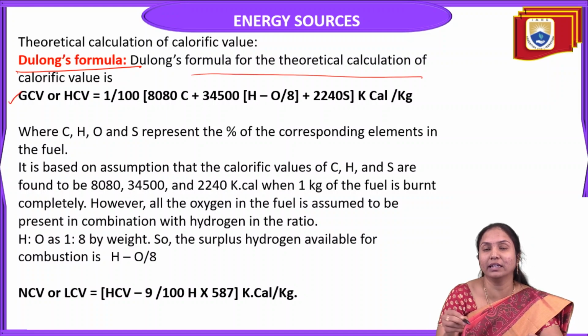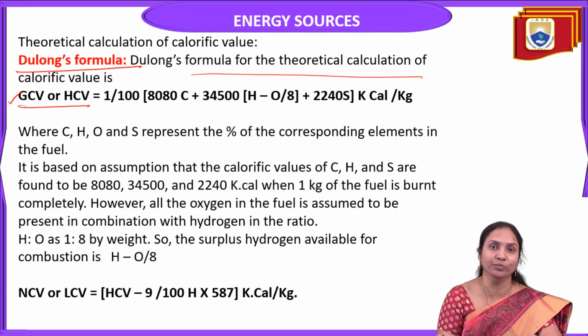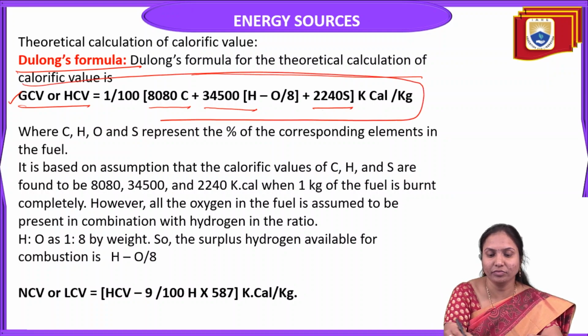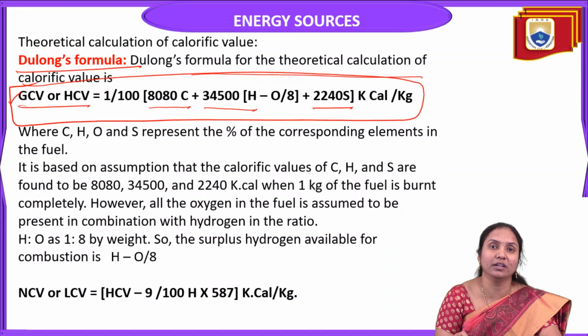Dulong's formula for the theoretical calculation of gross calorific value, or high calorific value, is: 1 by 100 into 8080 carbon plus 34,500 H minus O by 8 plus 2,240 sulfur, in kilocalories per kg. This is the formula used for the theoretical calculation of gross calorific value. It's Dulong's formula for gross calorific value.